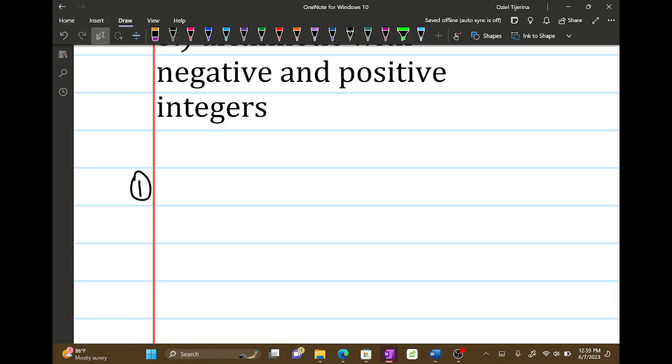A lot of students, I feel like they make this mistake so much, where, for example, if I have negative 2 minus 3, they say either it's 1 or negative 1 or 5.